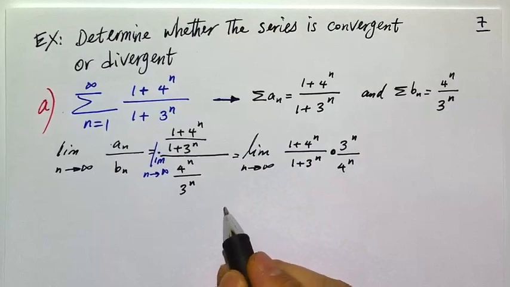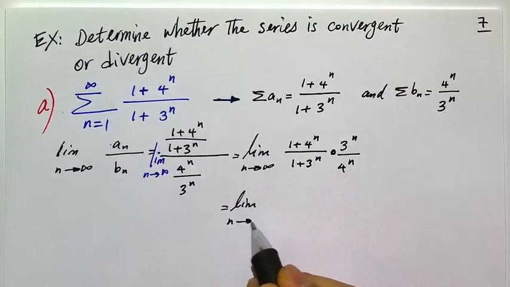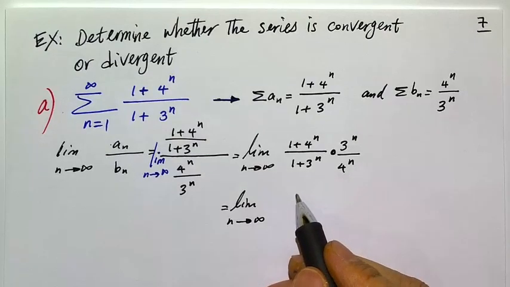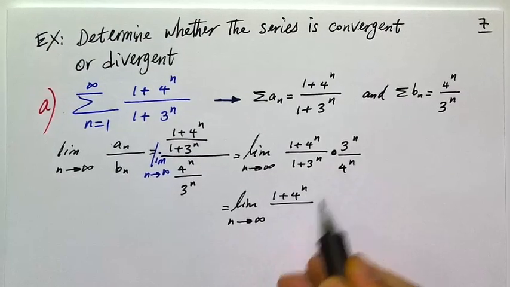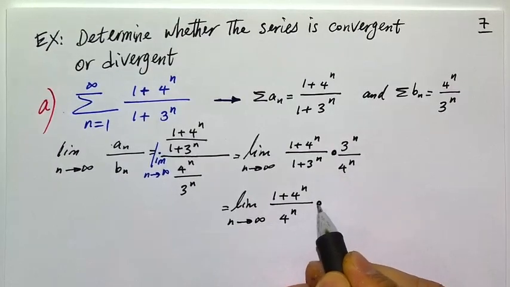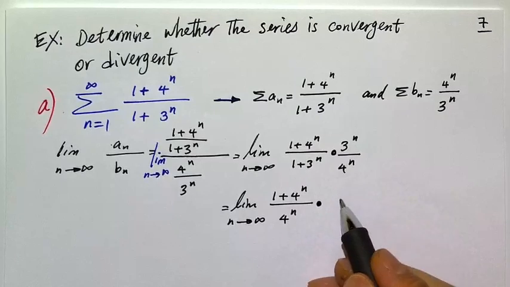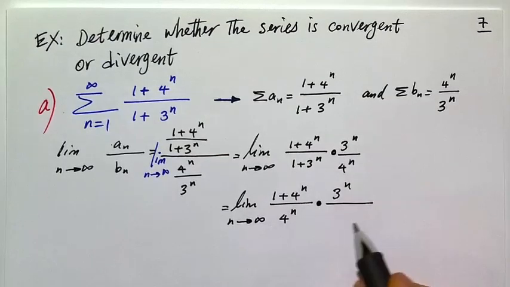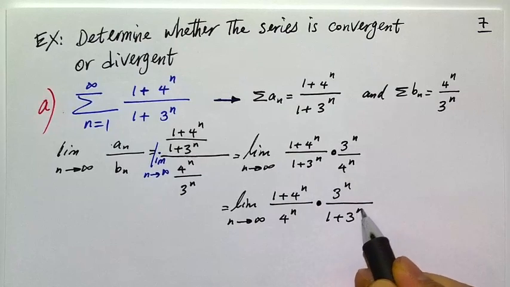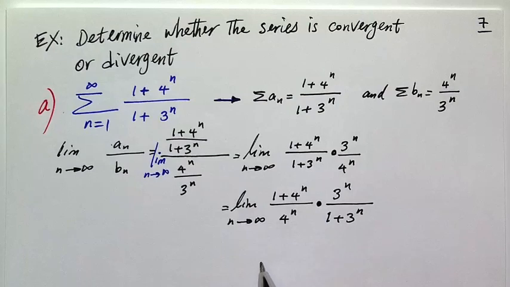The limit as n goes to infinity of 1 plus 4 to the n power divided by 4 to the n power, times 3 to the n power divided by 1 plus 3 to the n power. I'm just rewriting it like that, and I have a purpose for that.